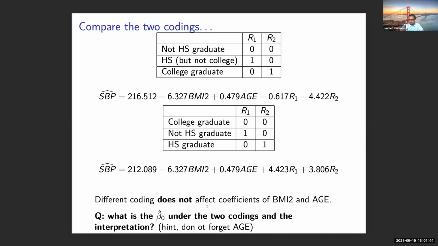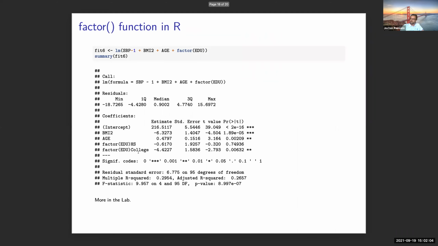Is this clear? It really comes down to which are the reference groups for you to interpret your beta 0. Don't forget age needs to be constant at either where x equals 0 or at the mean if you do a centralized age. So these are the respective models, and you can also convert this into a factor.